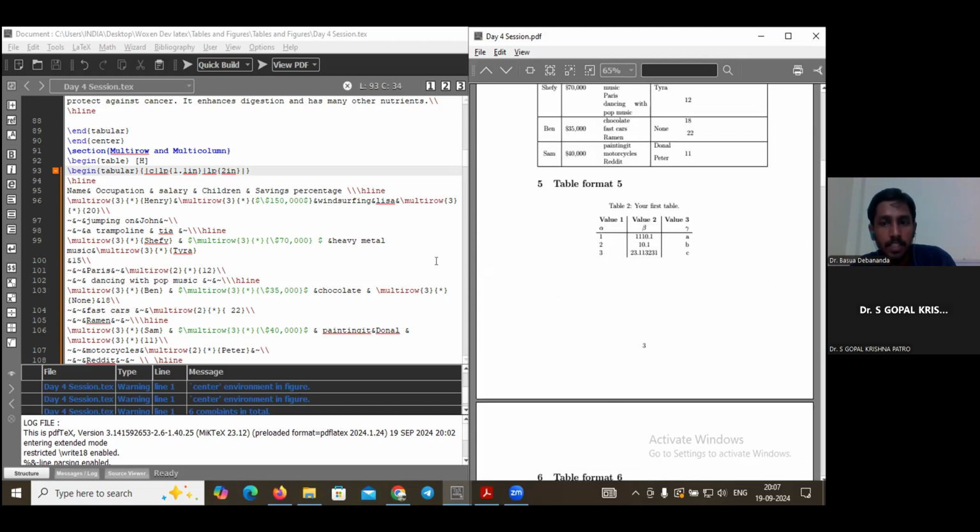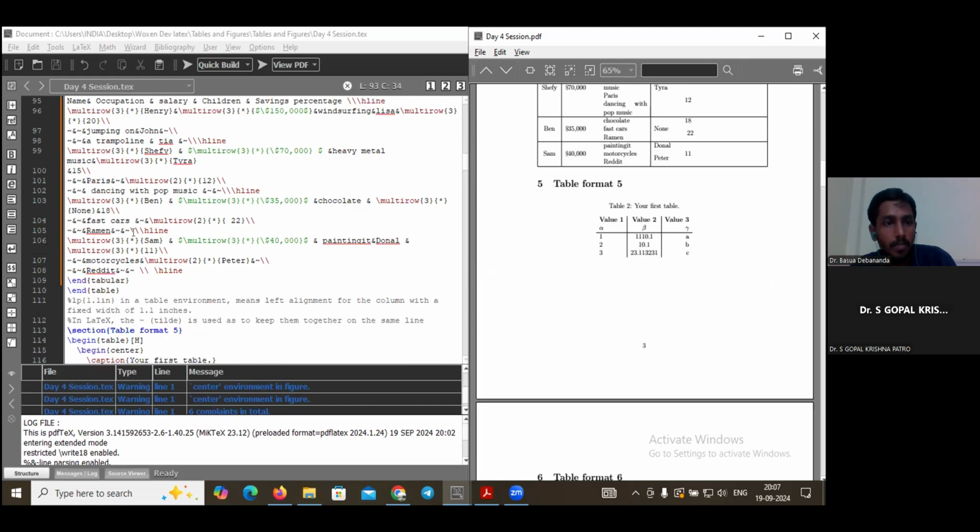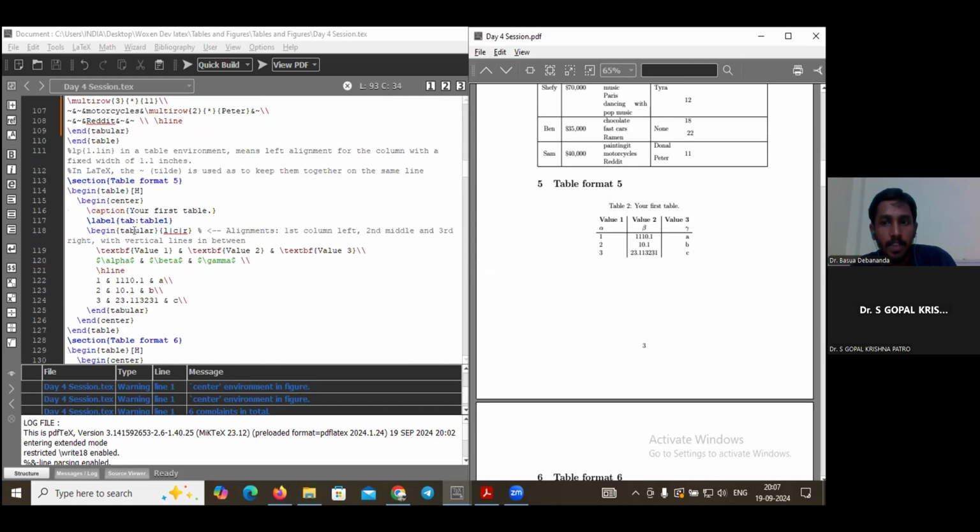This is the table. Here I need a caption. That's why I have used \begin{table} and \end{table}, and \begin{center}, because I need it in the center of the page. That's why \begin{center} and \end{center}, and \begin{tabular} and \end{tabular}. Here I have mentioned the caption, your first table.